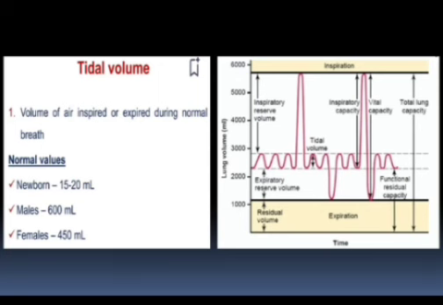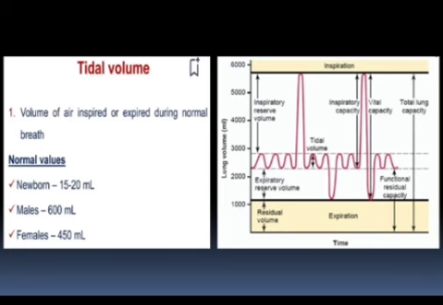So what is tidal volume? This is the volume of air inspired or expired during normal respiration.